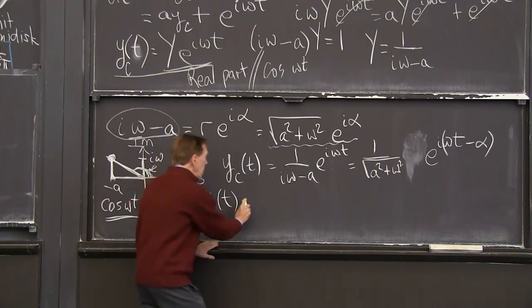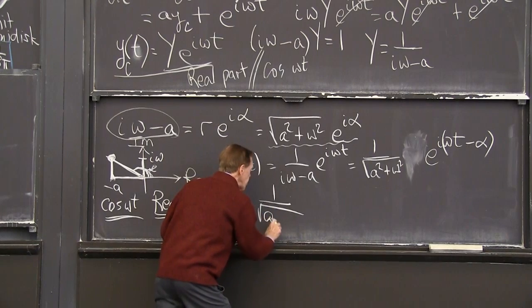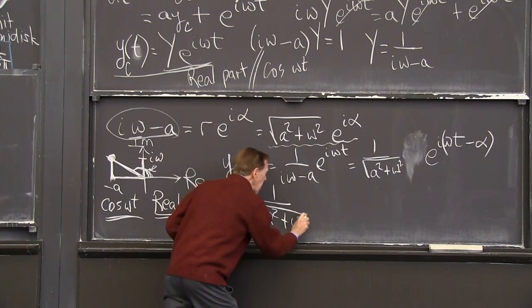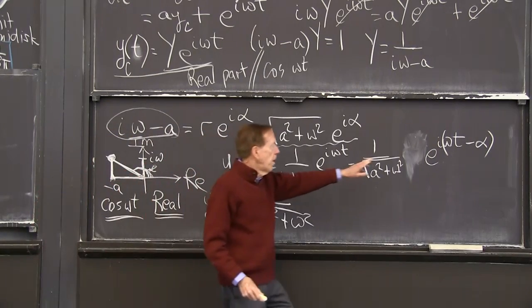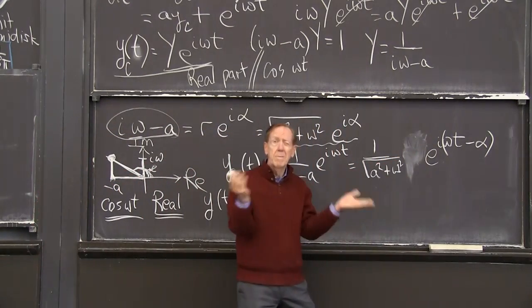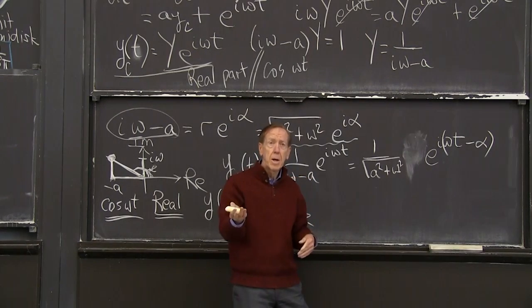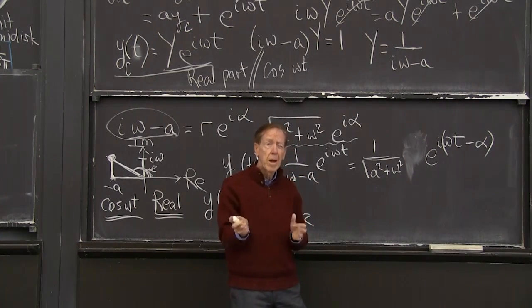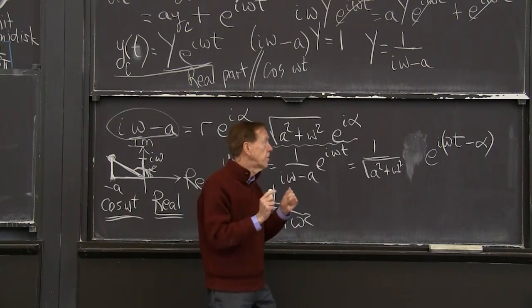Well, this is a real number, 1 over the square root of A squared plus omega squared. And what is the real part of e to the I times an angle? The real part of e to the I theta is the cosine of theta. That's Euler, always using Euler.